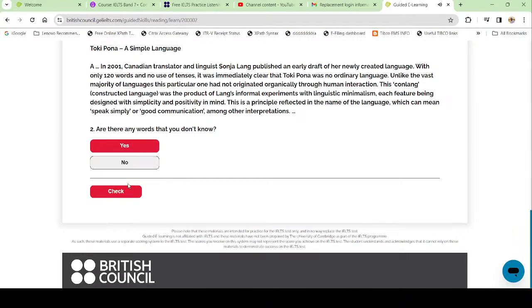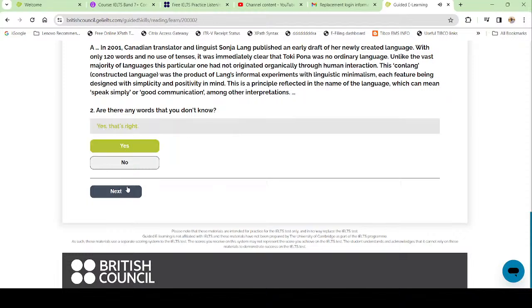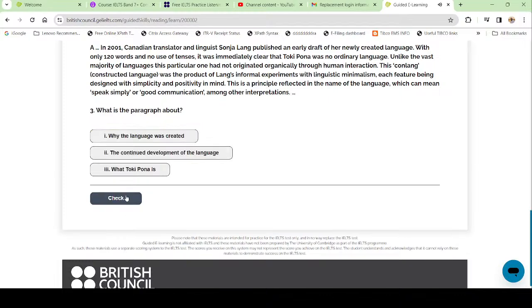But the good thing is that here it gives this definition. It means it's a constructed language, so that's explaining what that means. Now, all the other words, if you don't know them, they're probably not super important. If it is really important, like this word conlang, the writer will probably give you a definition of it. And you can still understand the general meaning without understanding every single word.